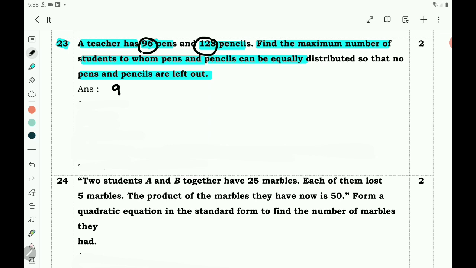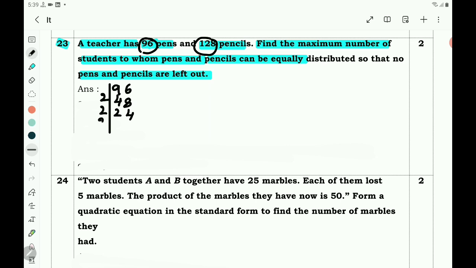Write 96 and factorize it. You know that 96 is divisible by the first prime number 2. 2 48s are 96. Again 48 is in the table of 2, so 2 24s are 48.